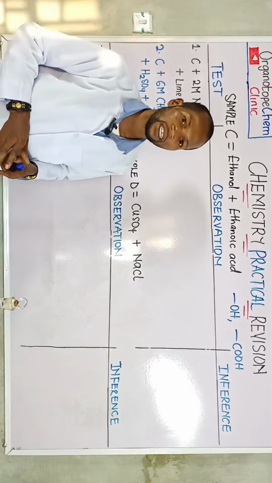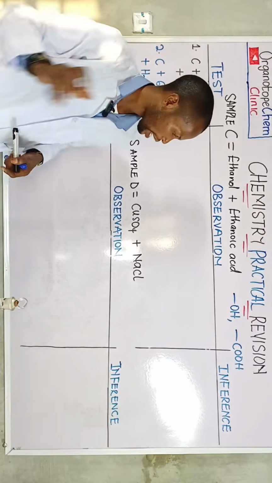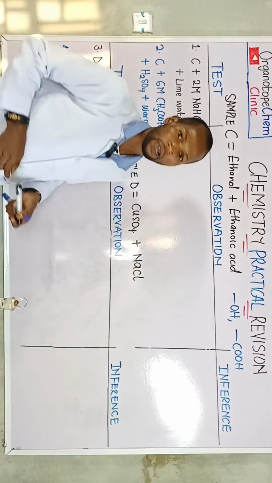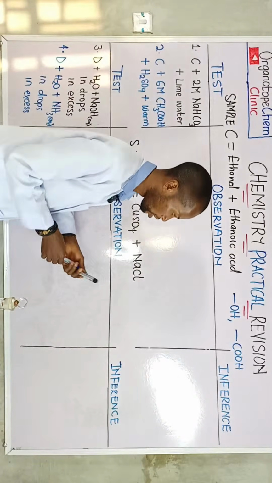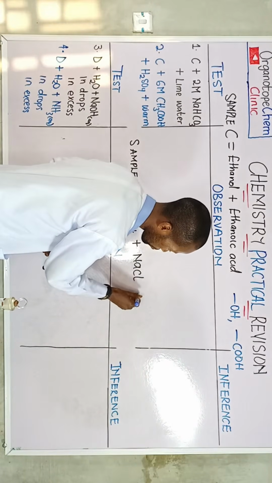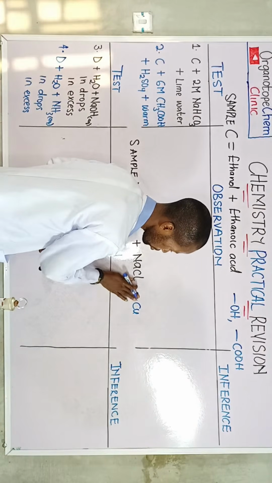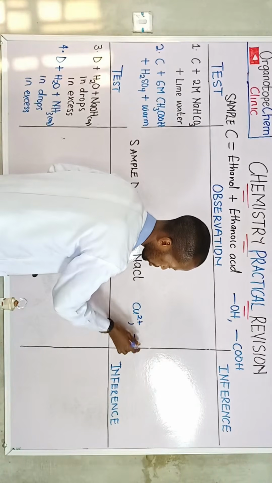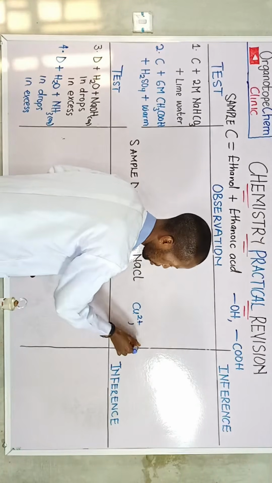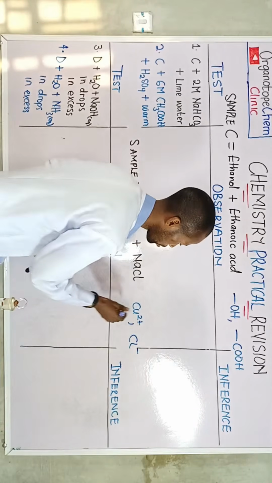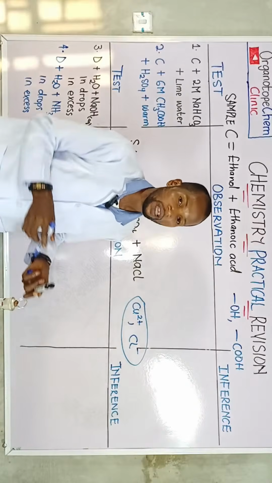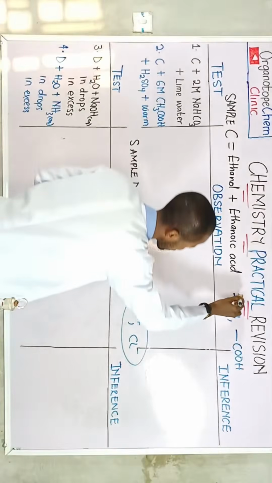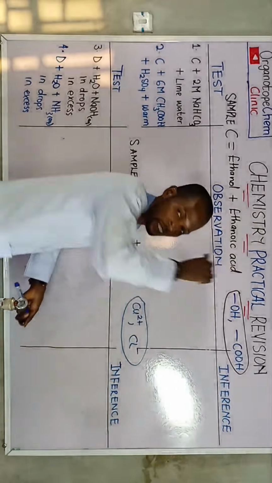The reagent provided for this coming exam can only test for Cu2+ as well as Cl-. So these are the two ions that we are testing for in sample D, and these are the two functional groups that we need to test for in sample C.